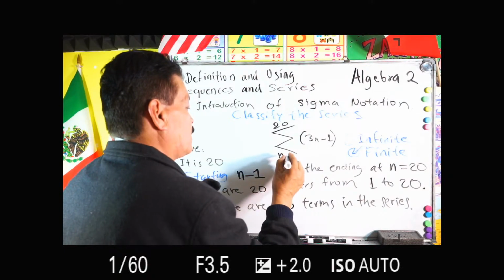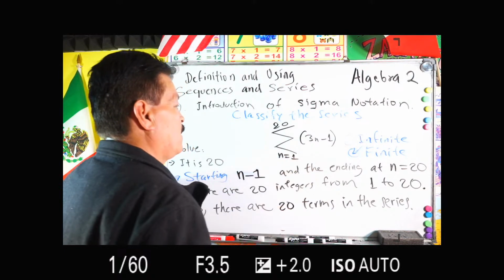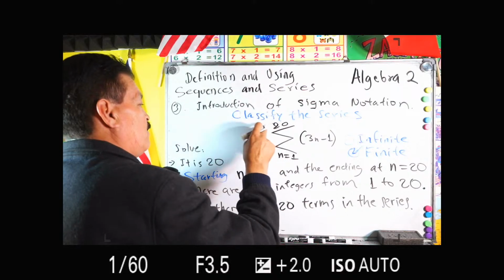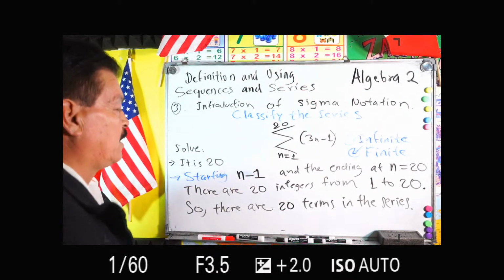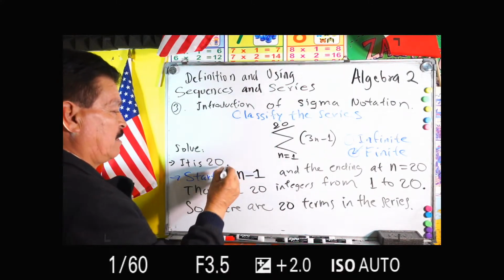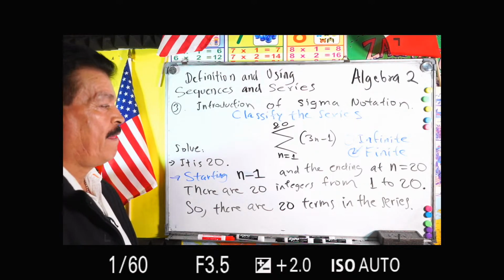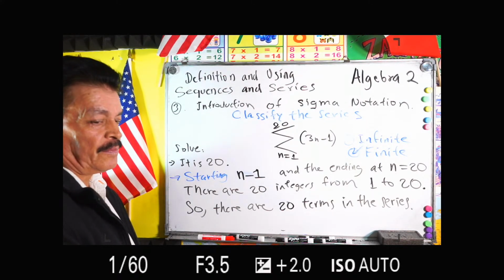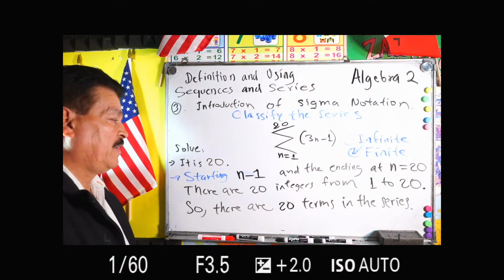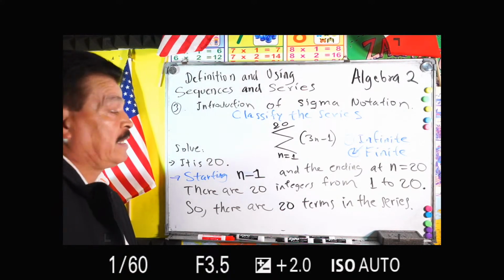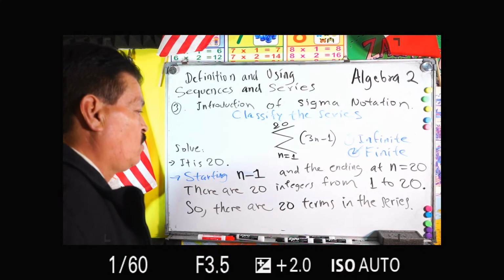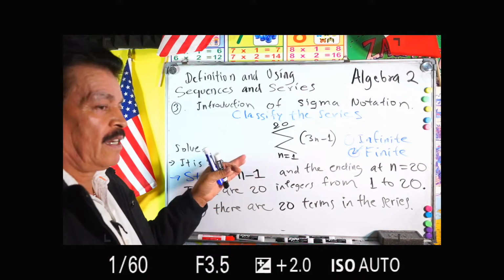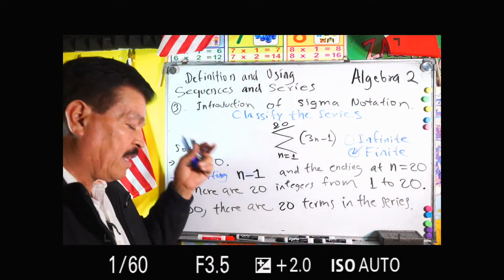So start with this number and finish with that number, 20. Then the terms: there are 20 terms, so the series is finite, okay? So just do it, and remember the problem that I solved at the beginning.